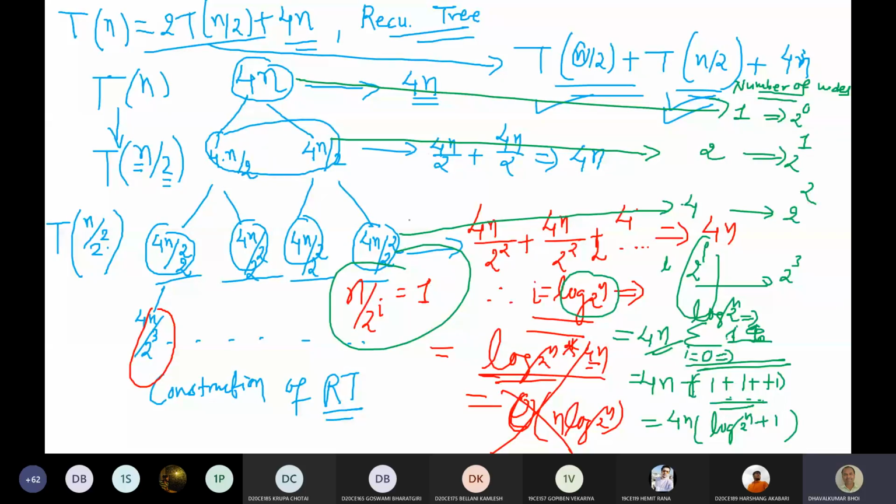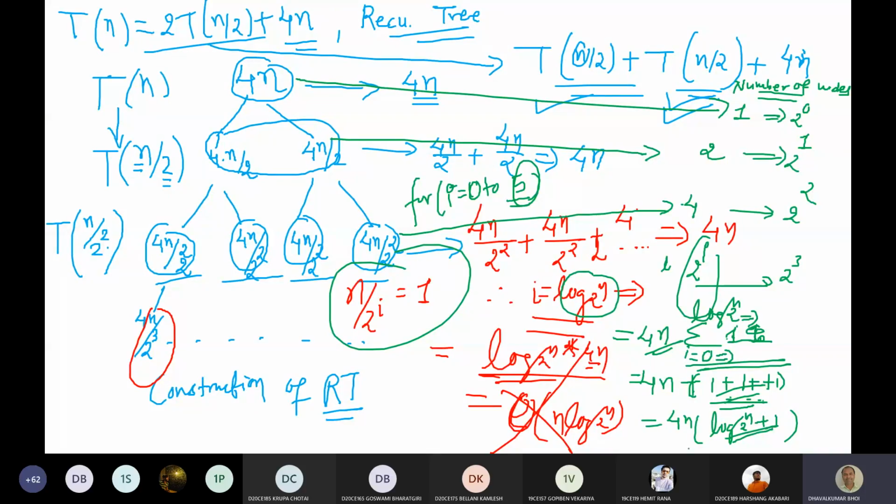If you have a for loop starting from 1 to 5, it will run 5 times. But when you start with 0 to 5, it actually runs 6 times. In the same way, i equal to 0 to log n base 2 will be written as log n base 2 plus 1 times.